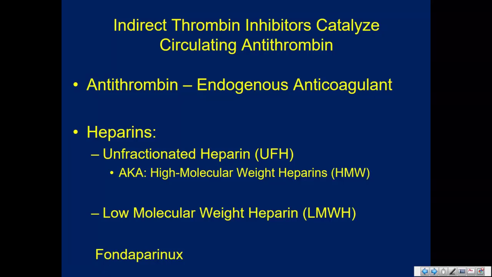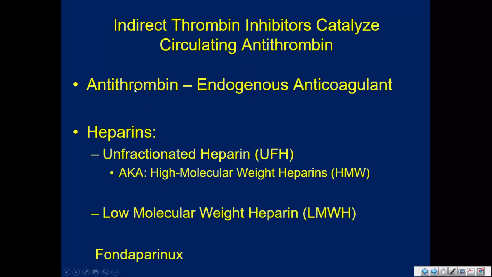They bind to antithrombin, which I showed you in red earlier, catalyzing its activity. So antithrombin naturally is inhibiting coagulation right now, presumably, unless we need to clot. What the heparins do is catalyze antithrombin. In other words, speeds up its enzymatic activity, if you will.